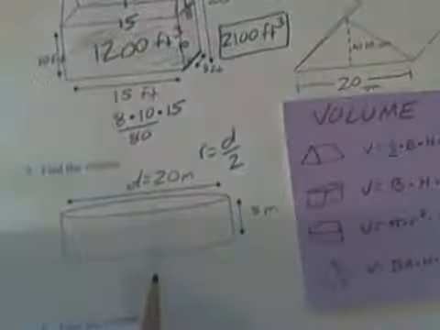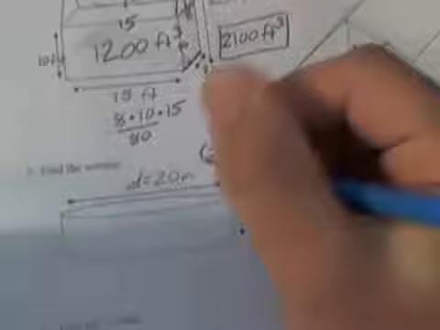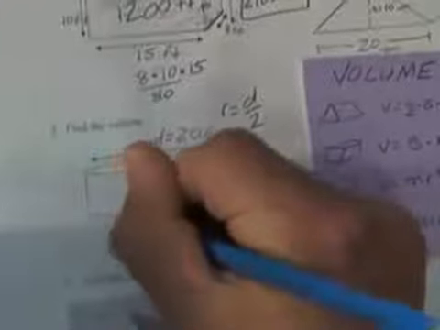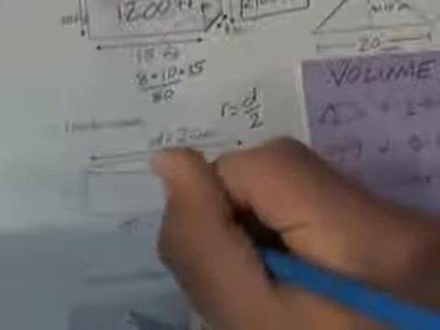So we have our diameter of 20, and half of 20 is 10. So we have our radius equal to 10. And then let's go through and solve this math. So using our formula, pi times our radius squared times our height of 8.